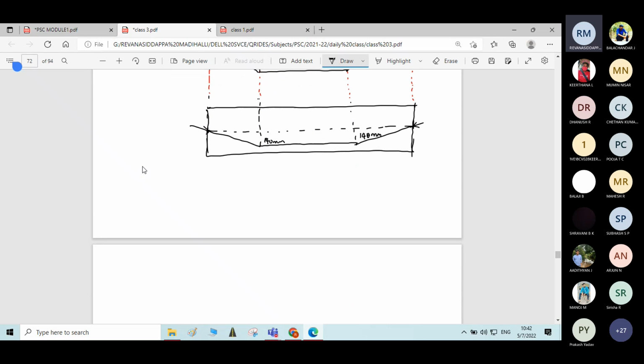Therefore, to balance externally applied load, provide cable profile as shown in above figure.